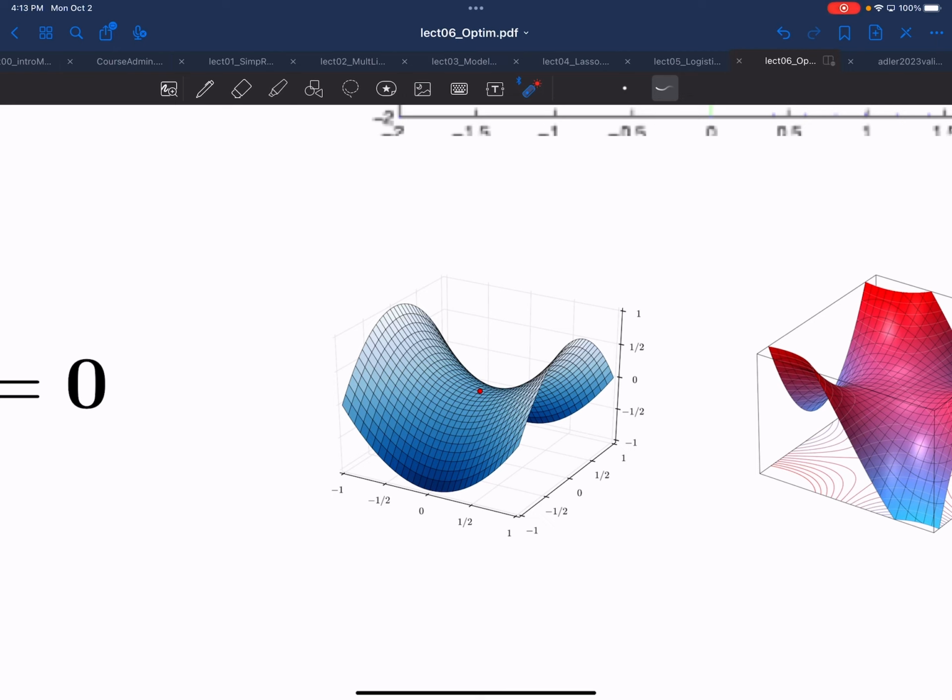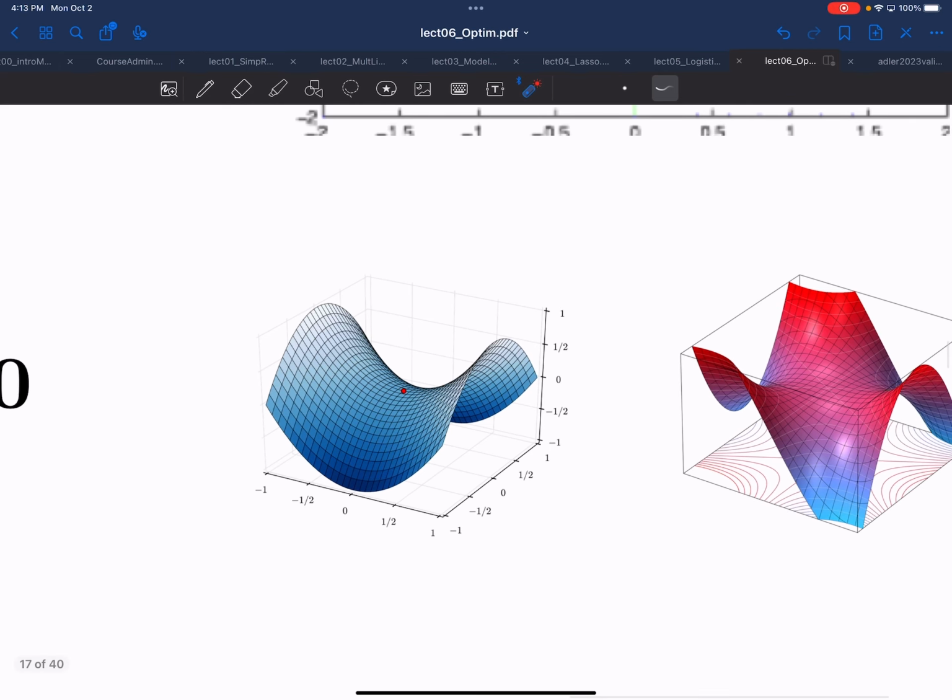And in this case, what you can see is along one of the dimensions, this point looks like a minimum, but along the other one, it looks like a maximum. So it's in a special class called a saddle point. In machine learning, we usually like to avoid these things because they're not where we want to be, but they can confuse some of these methods.